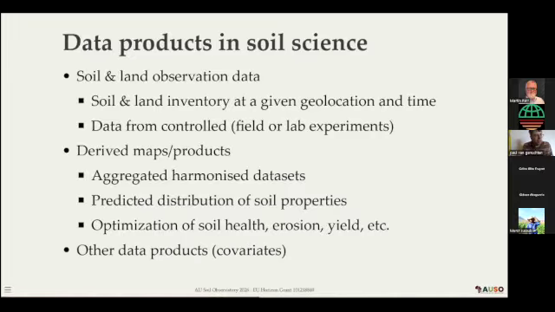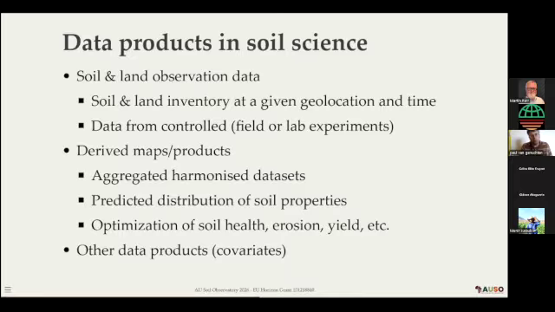And then we have other data products. In this case, one to mention specifically are the covariates. Covariates are typically a data source that is used in this machine learning mechanism to make optimal predictions. For example, a digital elevation model.